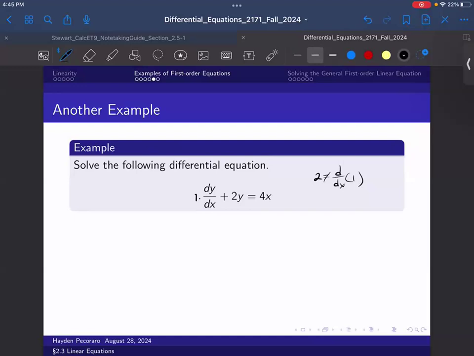But if I use a clever trick and multiply by e to the 2x, then my differential equation looks like this.